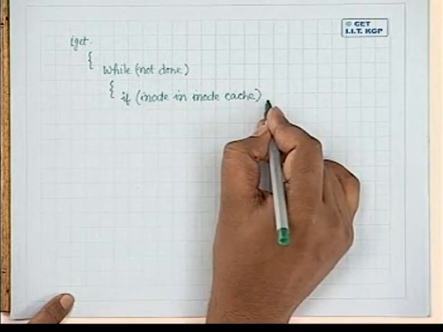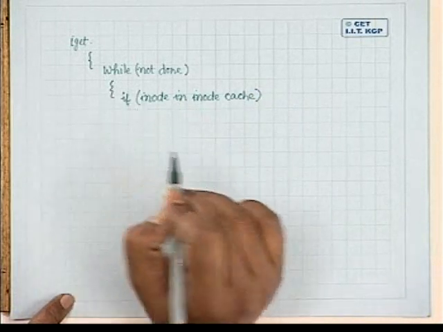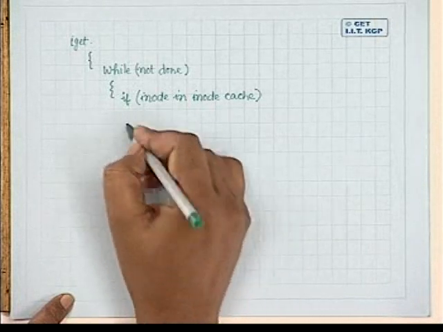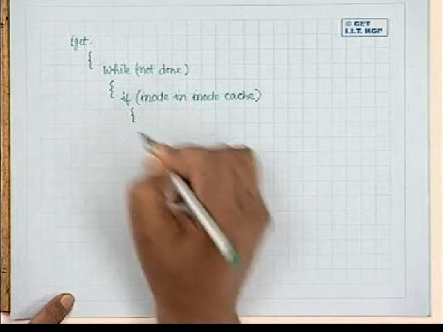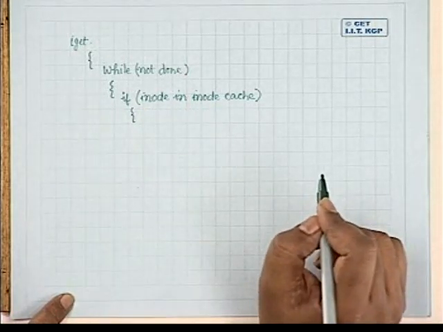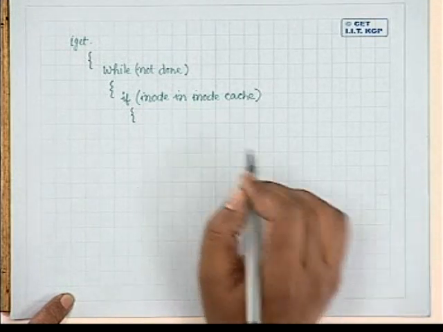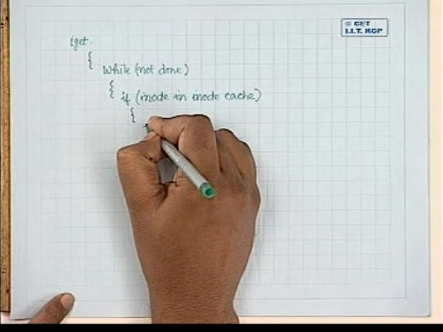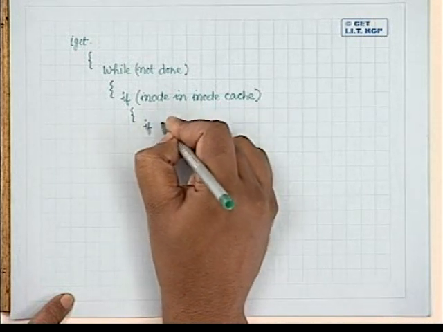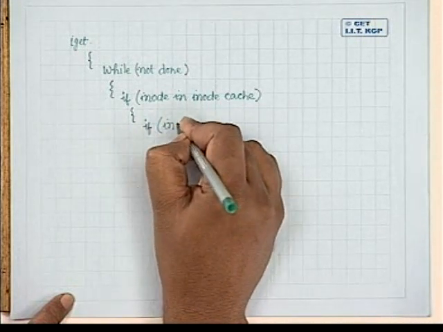So this is the in-core copy of the inode. First I have to check whether the inode is available in the inode cache or not. If the inode is in the inode cache, then there is a possibility that the inode may be locked. So first we have to see if inode locked.